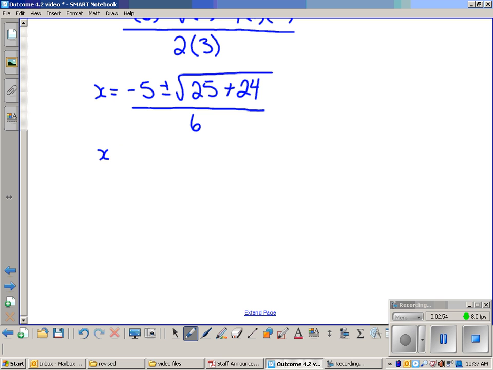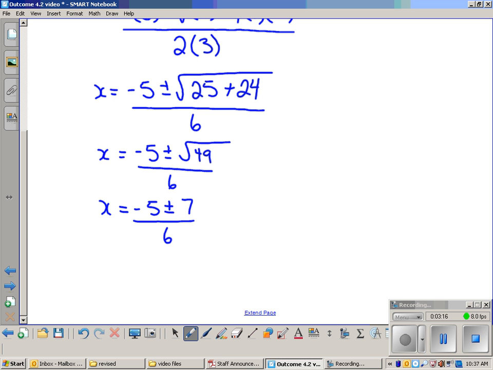We have x equals negative 5 plus or minus the square root of 24 plus 25, or 49, all over 6. X is equal to negative 5 plus or minus the square root of 49 is 7, all over 6.